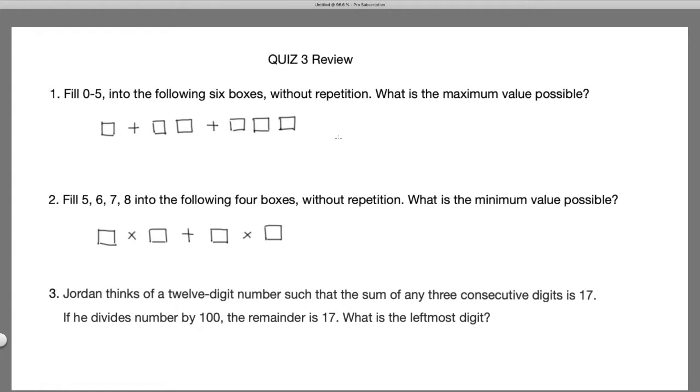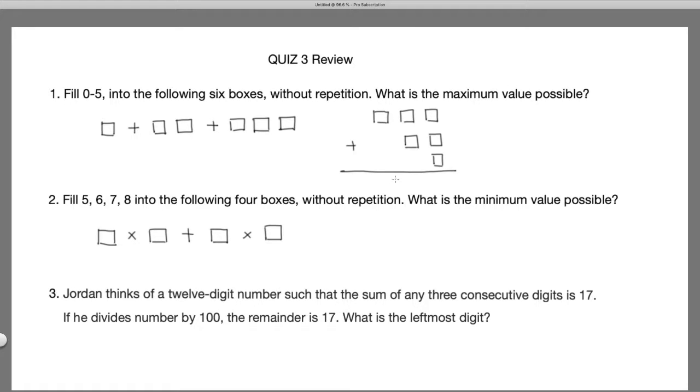Now for this question, the best way to think about it is actually to rewrite this into a vertical format. By that I mean that you write the sum as a 3-digit number adding a 2-digit number and then adding a 1-digit number.